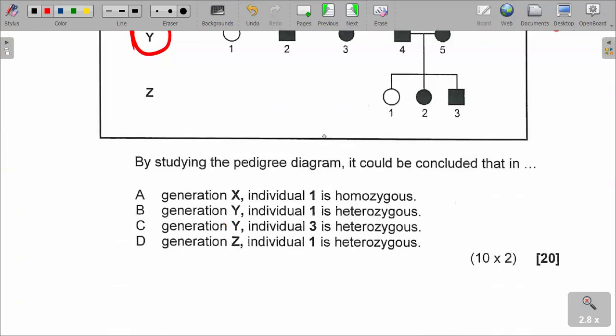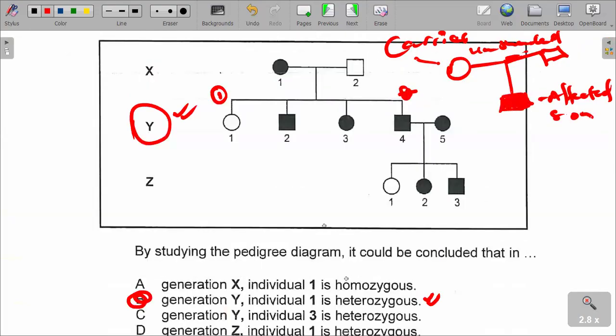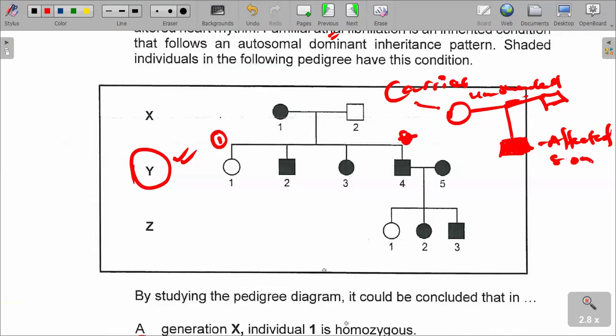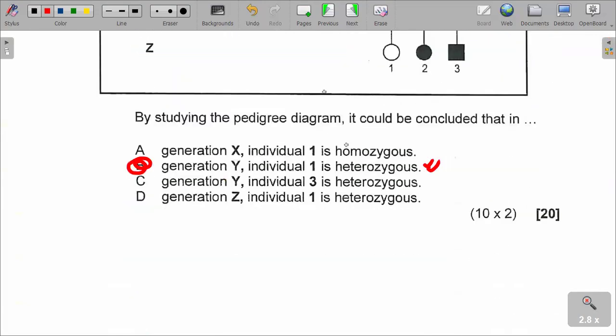So our conclusion, the answer, is that generation Y individual one is heterozygous. That's what we need to understand.